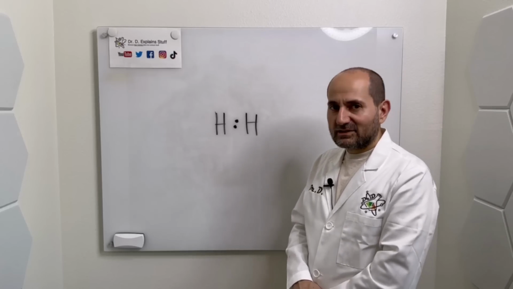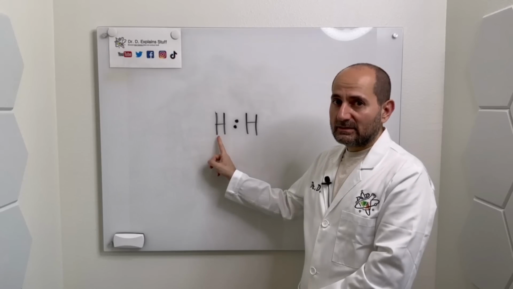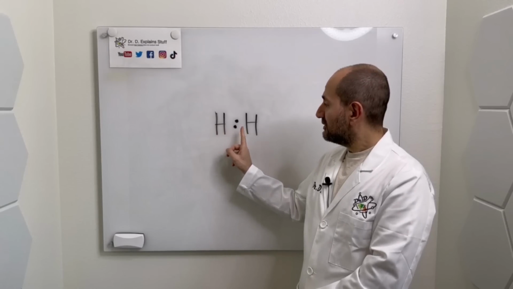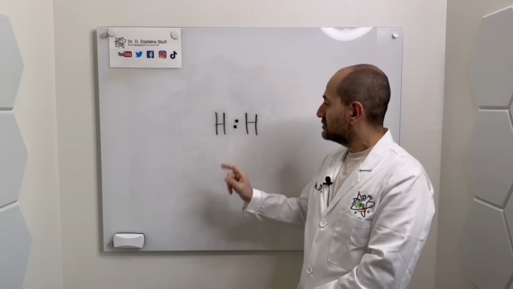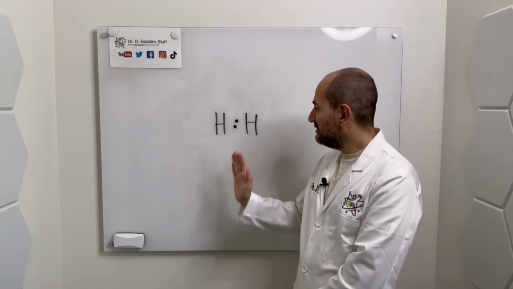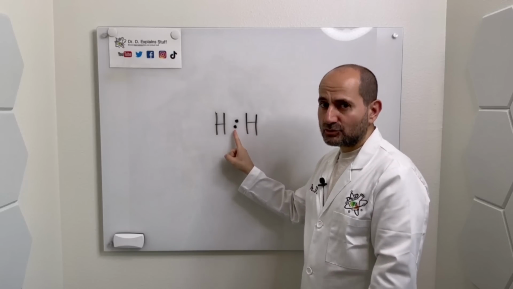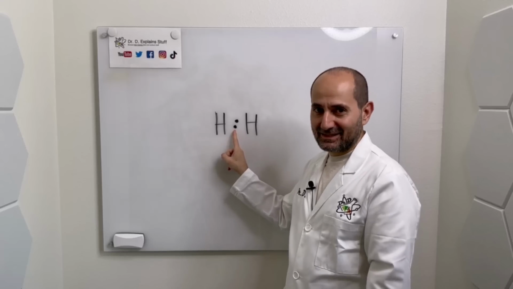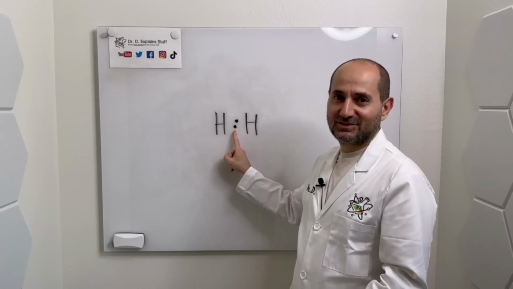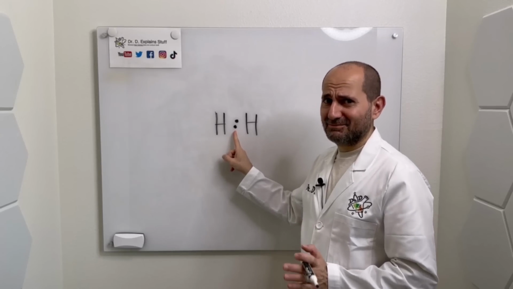So now let me ask you this. Hydrogen is sharing with hydrogen. So are those electrons going to be shared evenly among the two? Remember, the electrons are not stuck in the middle like this. I know this is a Lewis dot structure, and it looks like the electrons are stuck in the middle, but they're not.